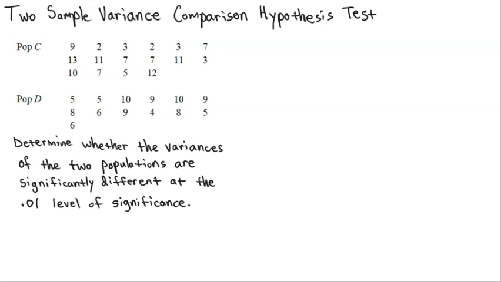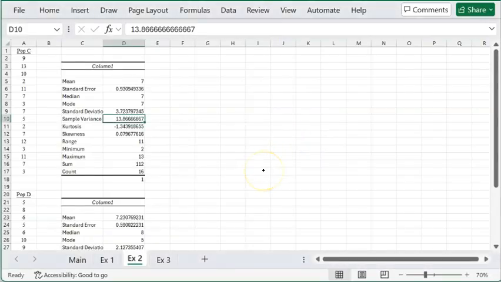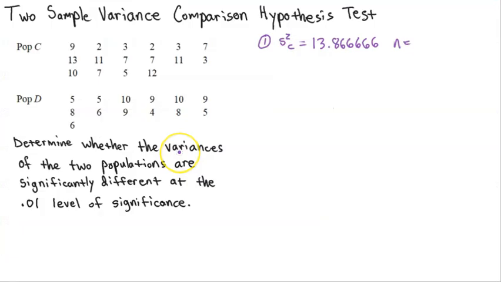So that's population C. Step one: S squared sub C is equal to 13.866666. What is our sample size? Our count down here is 16, so the sample size is 16.